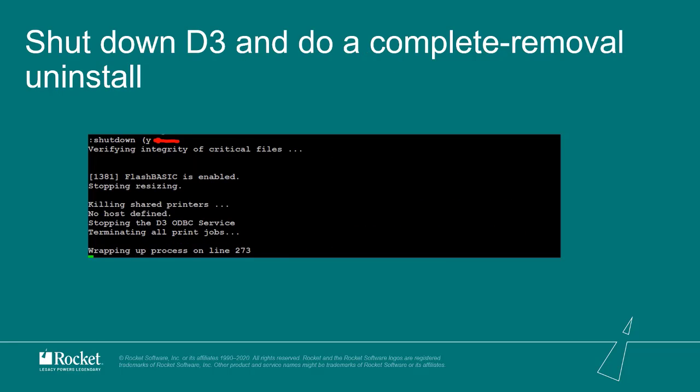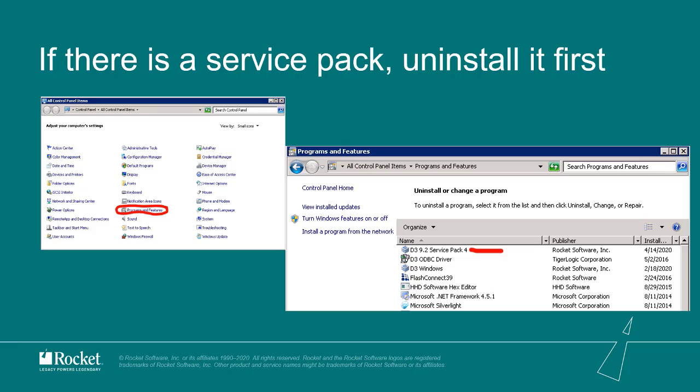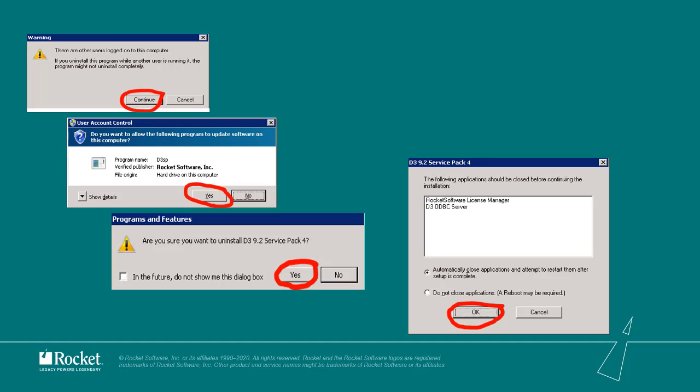If you're installing D3 on the currently running server, you now need to shut down D3 and uninstall it. Open the control panel, click on Programs and Features, and see if there's a D3 service pack installed. If so, uninstall this first. Double-click on the service pack, then navigate the prompts. If other users are logged on, click Continue.